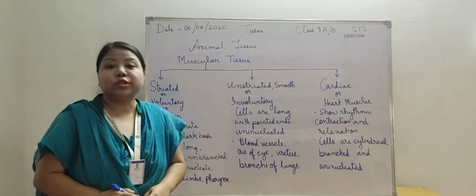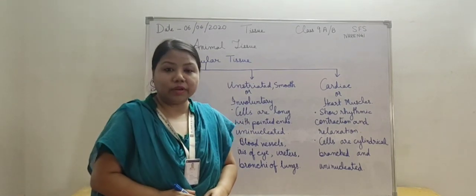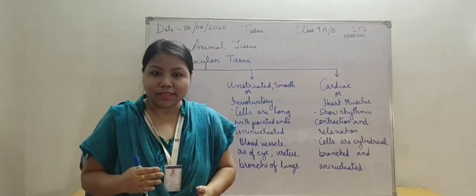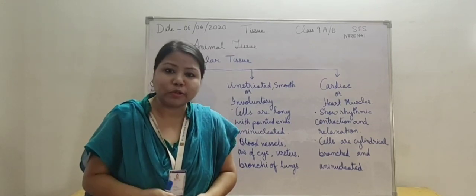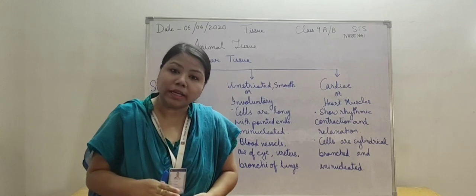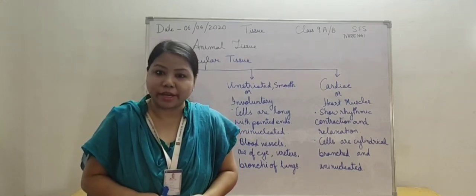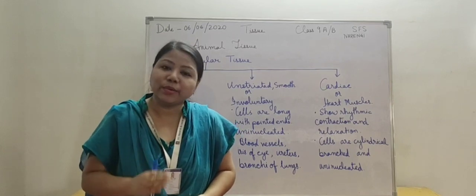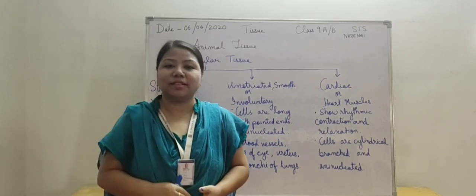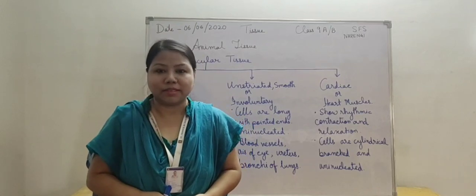Why are they called striated muscles? Now children, when these muscles are observed under the microscope, they show alternate light and dark bands or striation. And this is the reason why these muscles are called striated muscles.